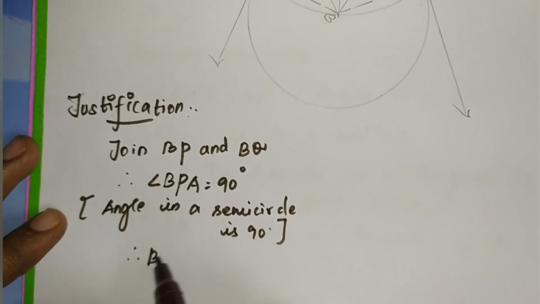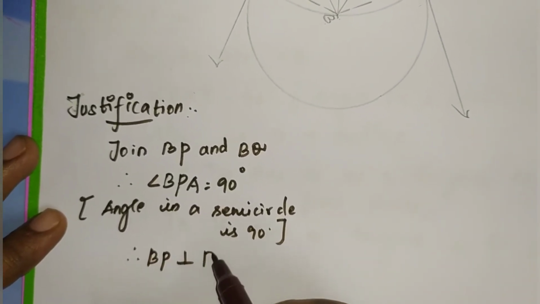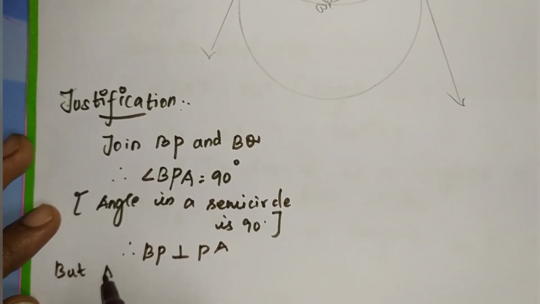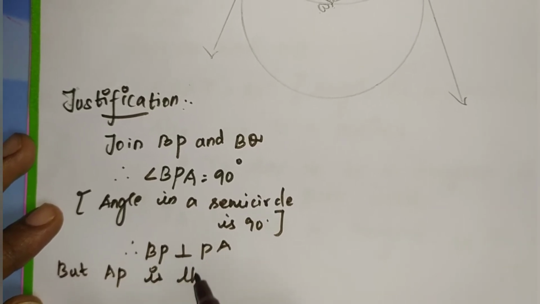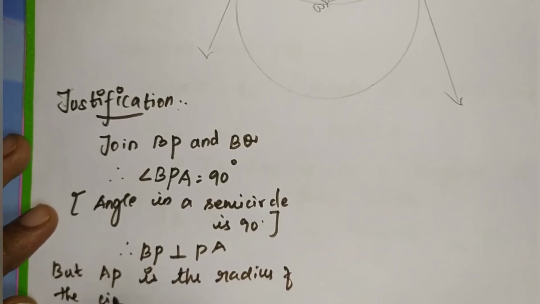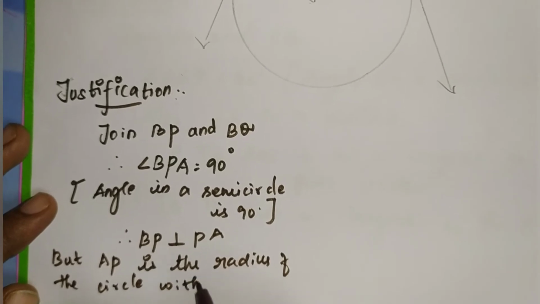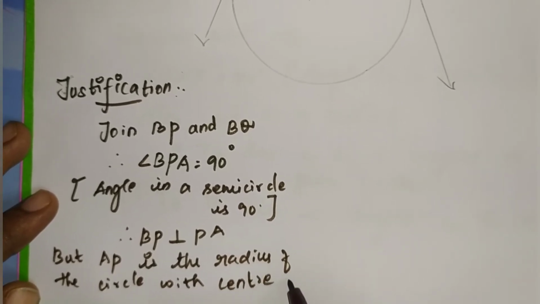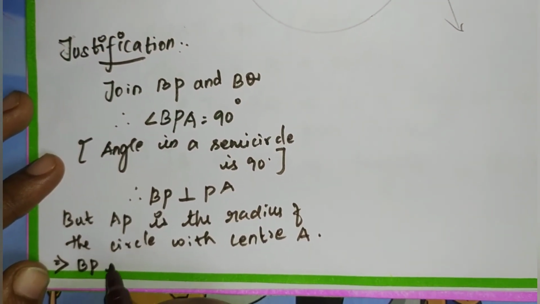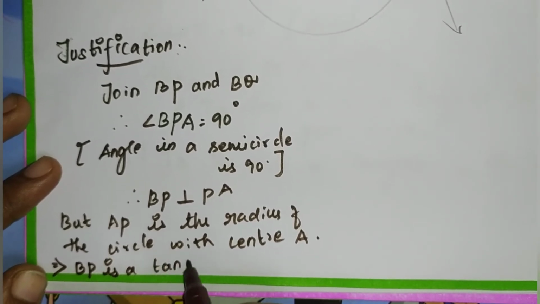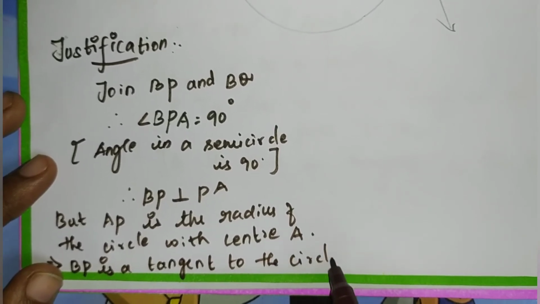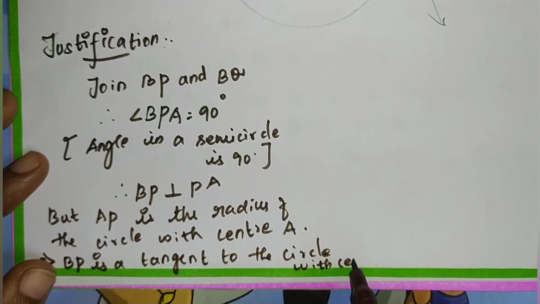Therefore, BP is perpendicular to PA. But we know that AP is a radius of the circle with center A. Therefore, it implies BP is a tangent to the circle with center A.